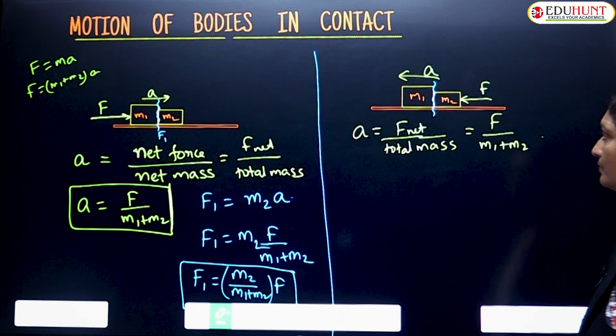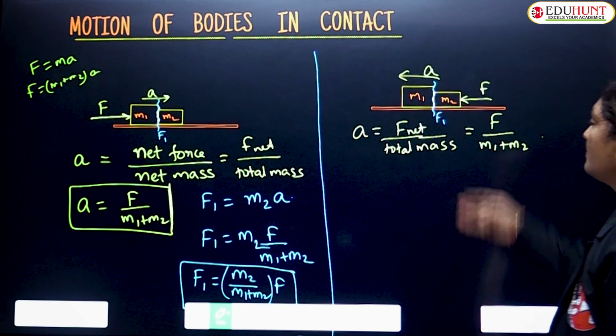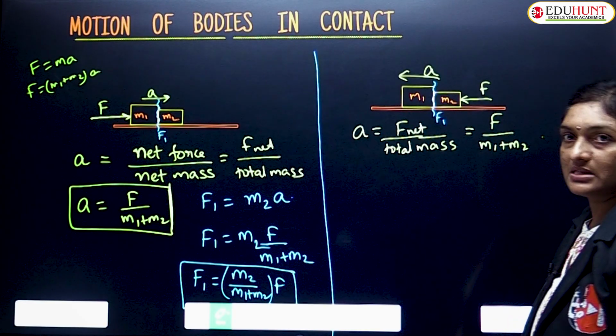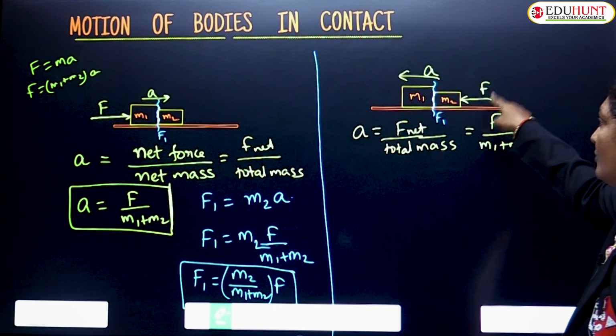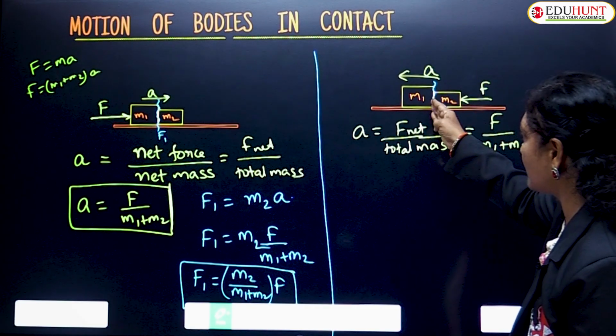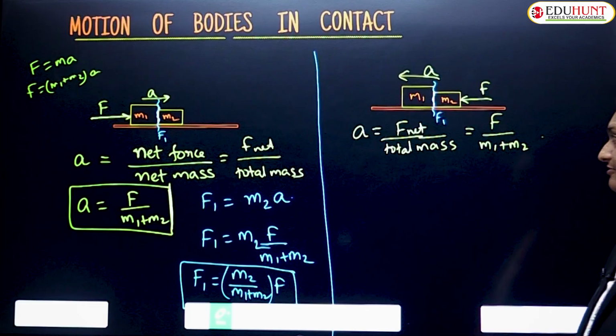Well, so again, if you observe the same, let us try to find out the contacting force between m1 and m2. So let us suppose this contacting force as some F1. Because of this force F1, the block m1 also starts moving. Even though we are applying force on m2, m2 exerts some force on m1, and let us indicate that force as F1.